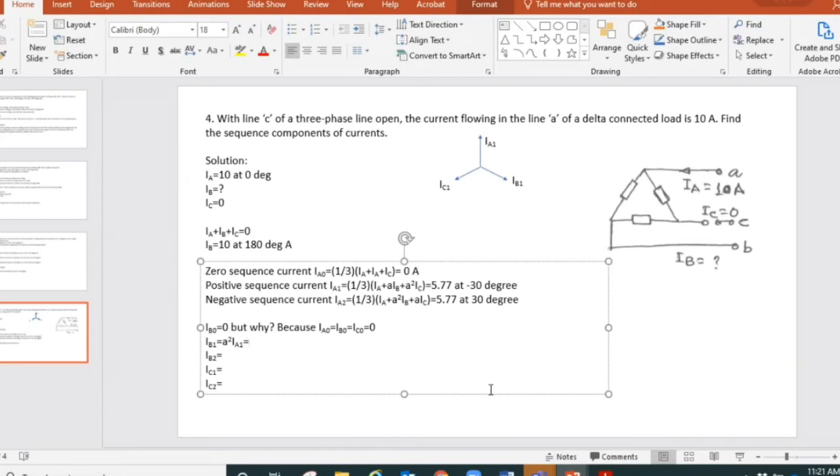So A squared IA1, now what's the final answer? Anyone?